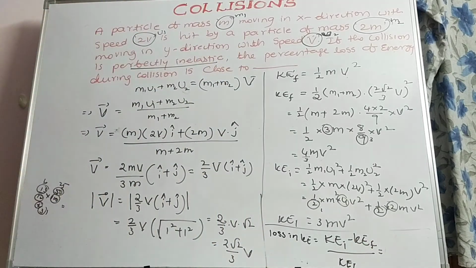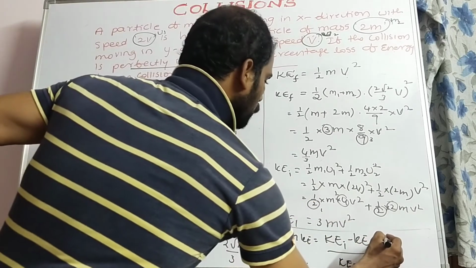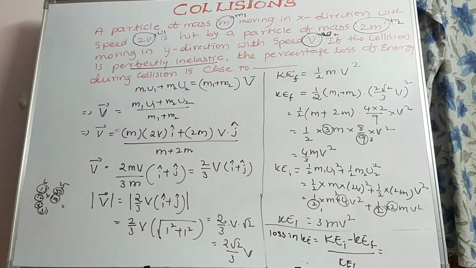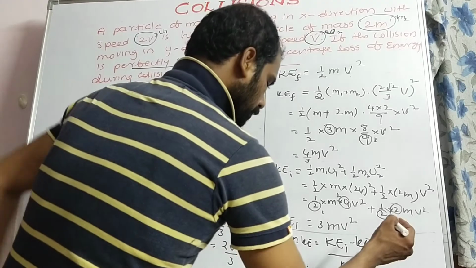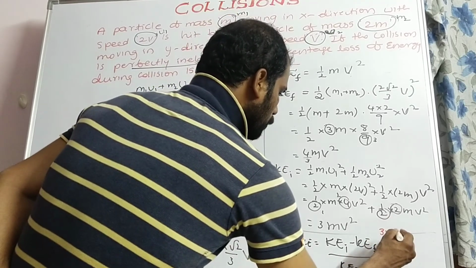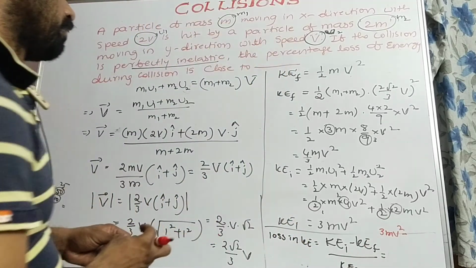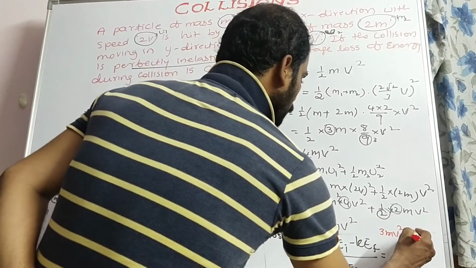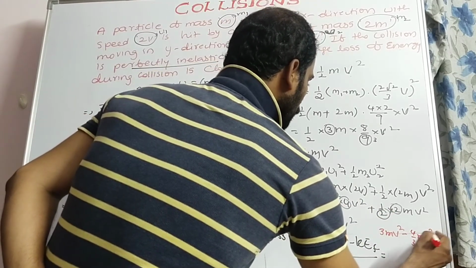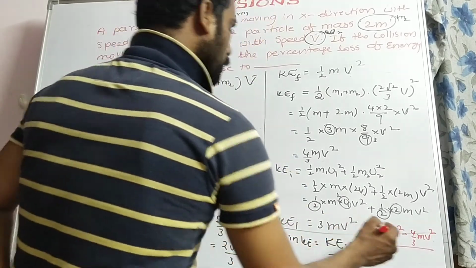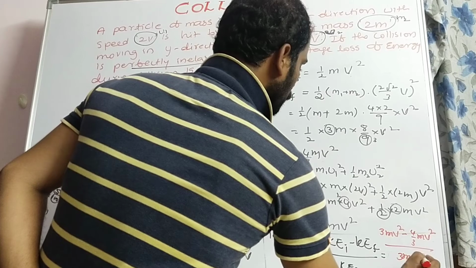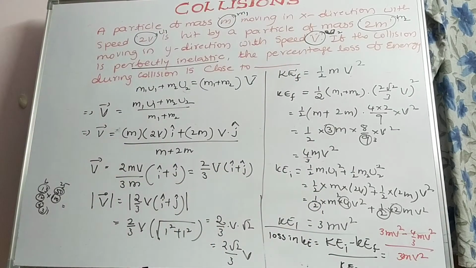That is equal to KE initial 3m square minus 4 by 3 m square, by what is KE initial? KE initial 3m square.